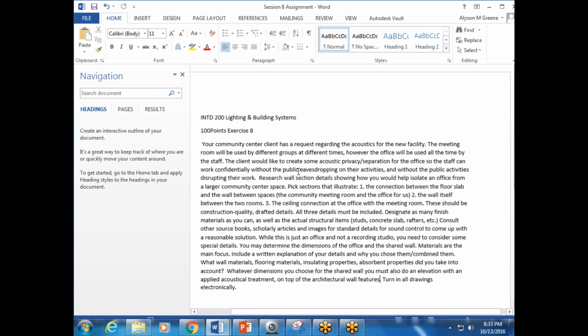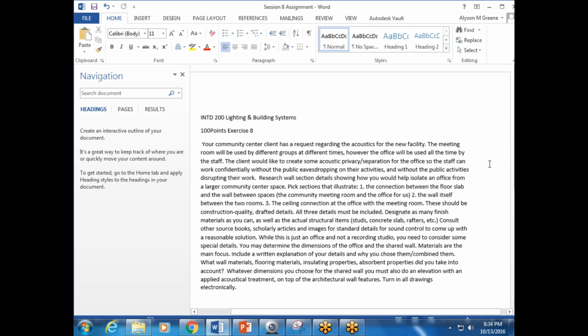Your community center client has a request regarding the acoustics for a new facility. The meeting room will be used by different groups at different times. However, the office will be used all the time by the staff. The client would like to create some acoustic privacy separation for the office so the staff can work confidentially without the public eavesdropping on their activities, and without the public activities disrupting their work.